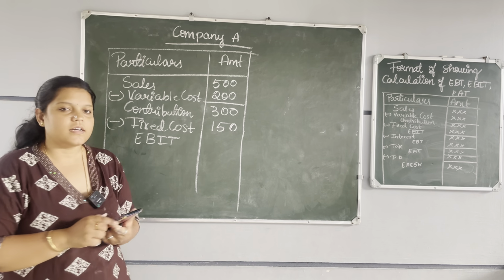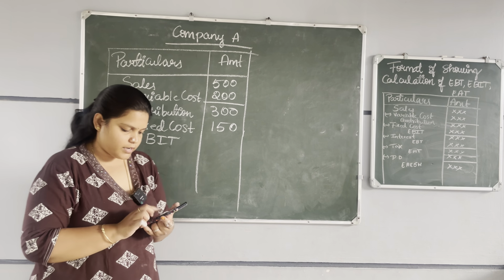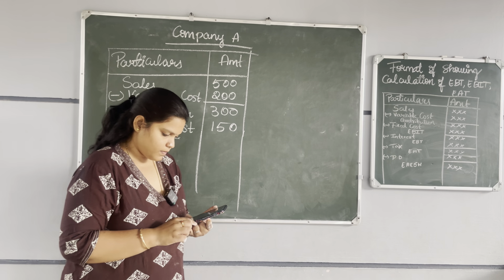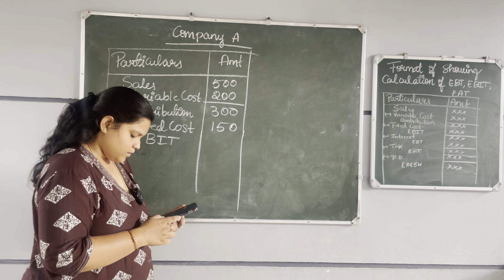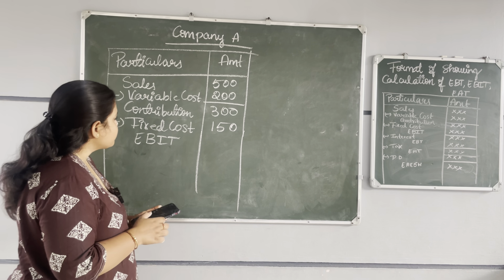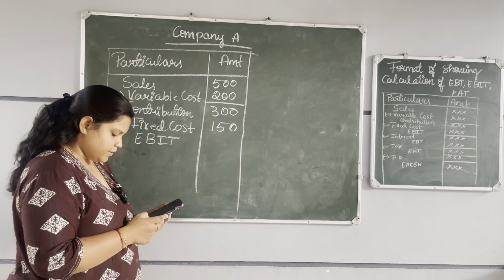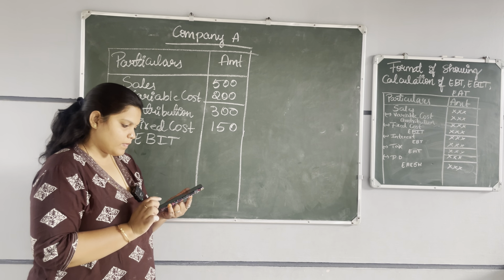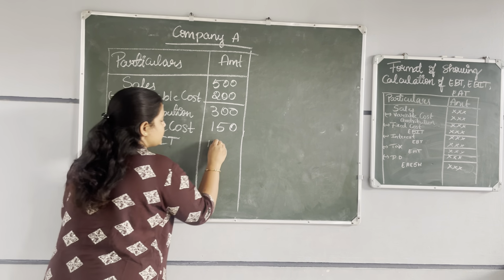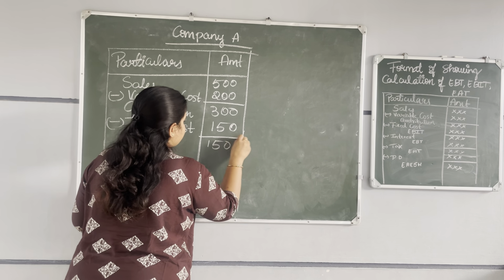Just take a calculator and do the calculation. 300 minus 150, we are getting 150.